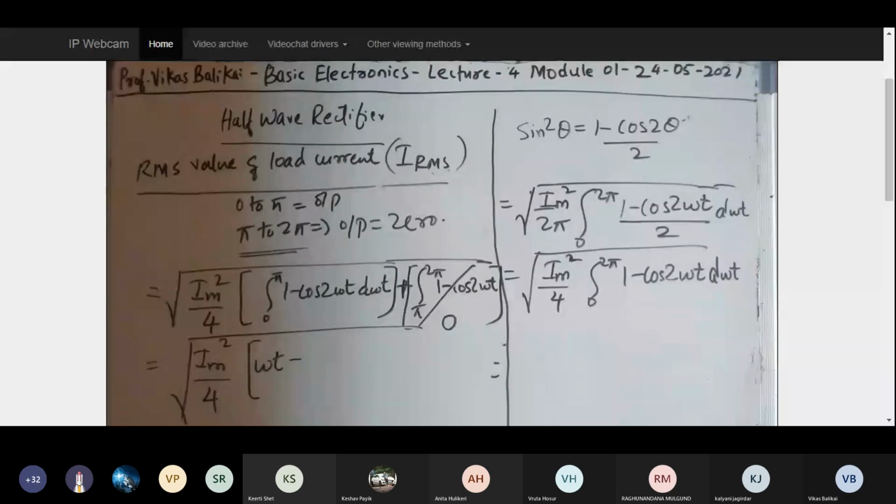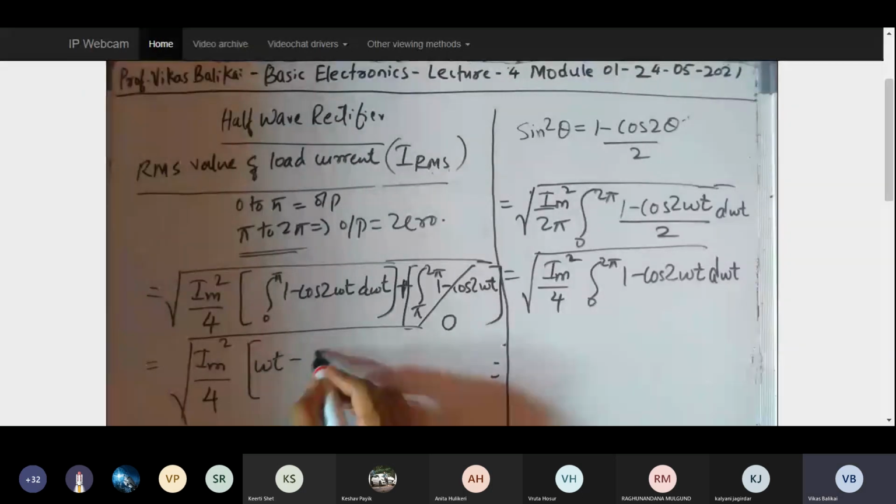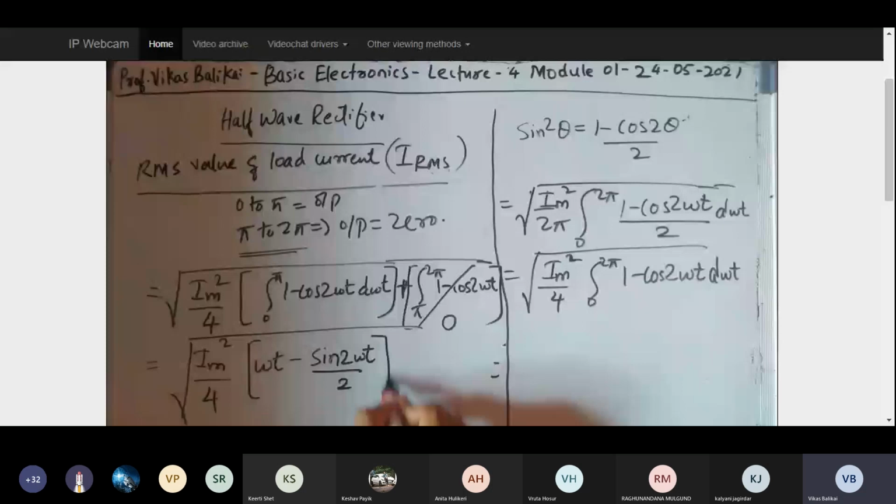It can be written as sine 2 omega t by 2, in the limits from 0 to pi, because the other part has been reduced to 0. Let me rub this once again.